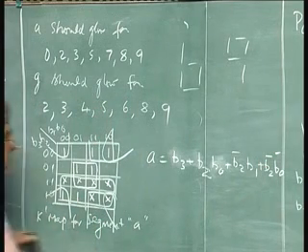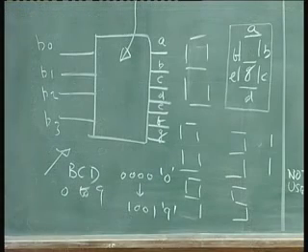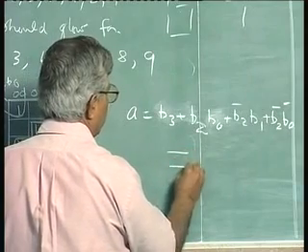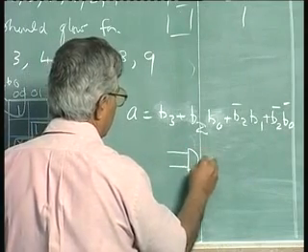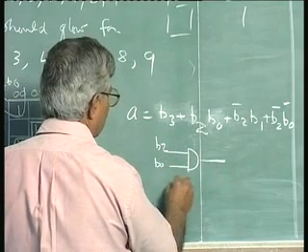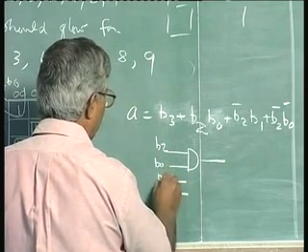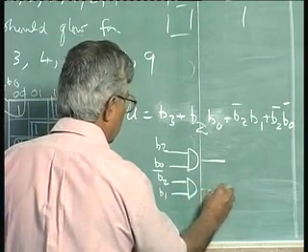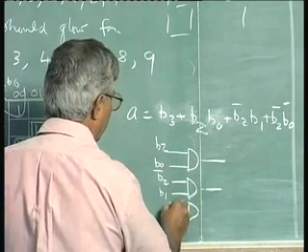So we'll draw the gate structure for this. The display A would be B2, B0 bar, B2 bar, B1, B2 bar, B0 bar.